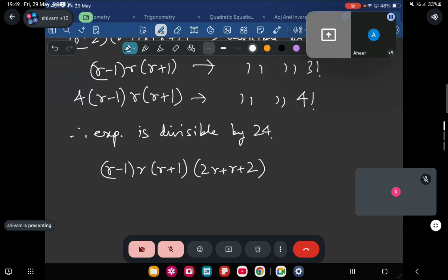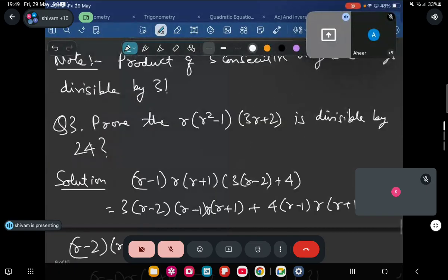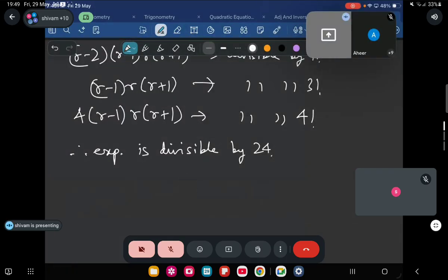Then we can break it like r minus 1 into r plus 2, like we will get 4 consecutive, and then we can analyze odd and even. Oh, acha, yes, I understood. But this way it is better. You see, it is directly coming in 2 lines, without checking for any cases.